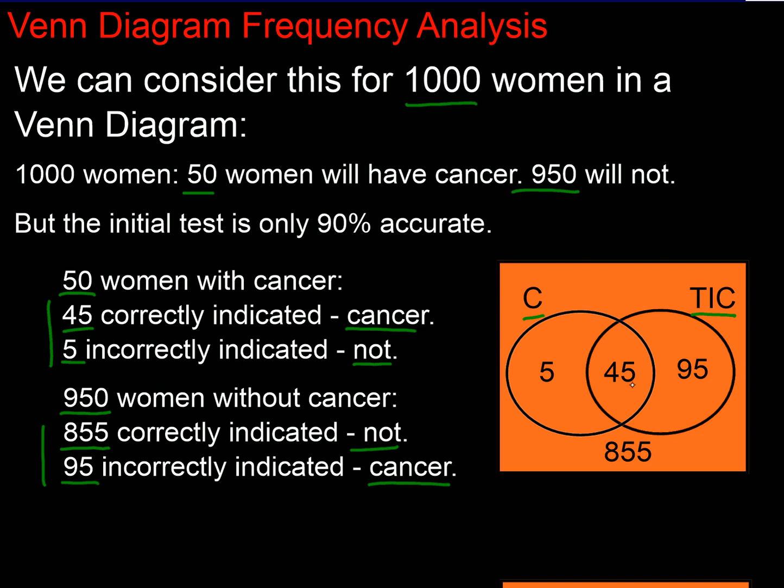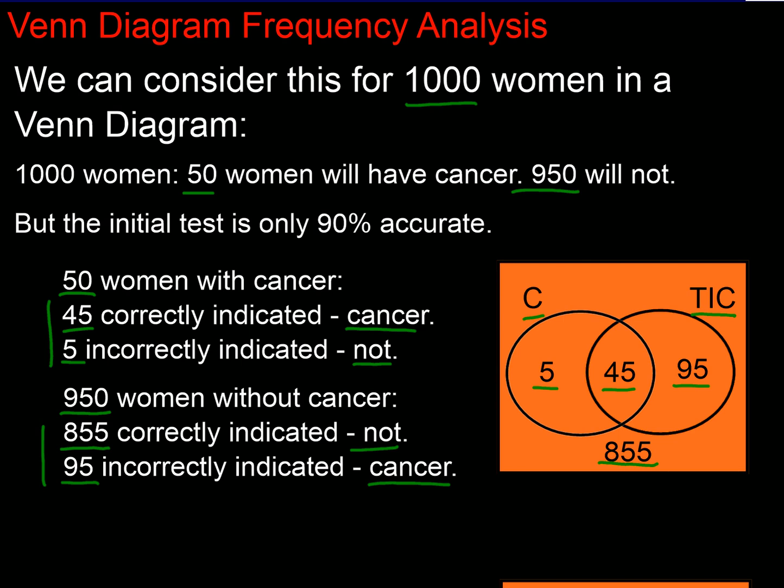Well, we had 45 women who had cancer and the test indicated they've got cancer. Of course, the other 5 who've got cancer, the test did not indicate it, so they're over on the left. On the right hand side, we've also got 95 women who do not have cancer, but the test indicates that they do. And the remainder, the 855, are down here outside both sets. They're not in either, are they?